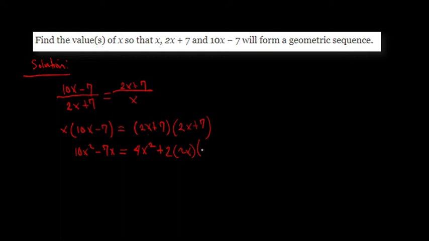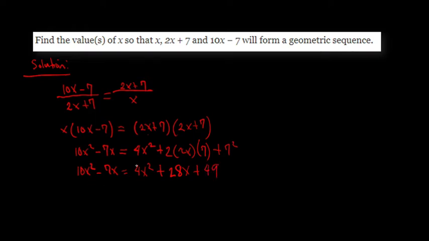Ang b is 7. Plus the square of the last term, so that is 7 squared. So it becomes 10x squared minus 7x equals 4x squared plus 2 times 2, 4 times 7, 28x plus 7 squared is 49.